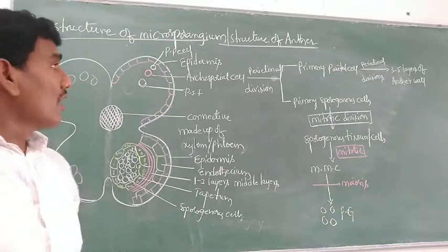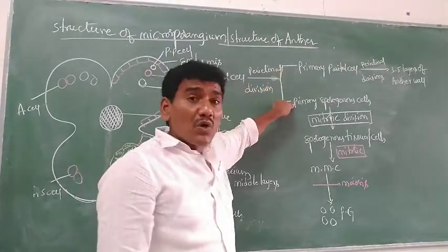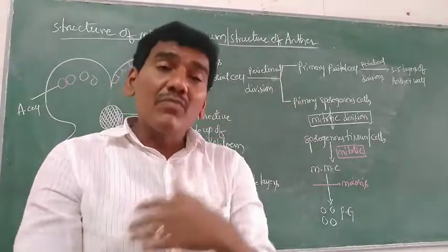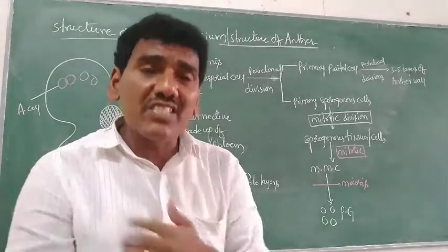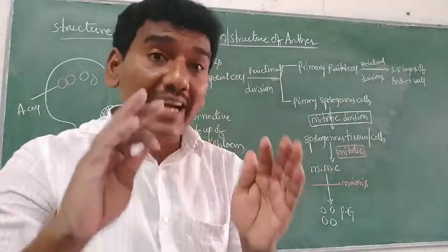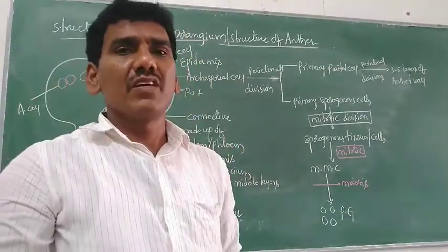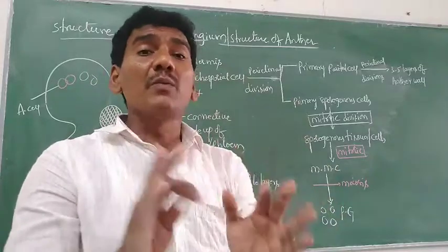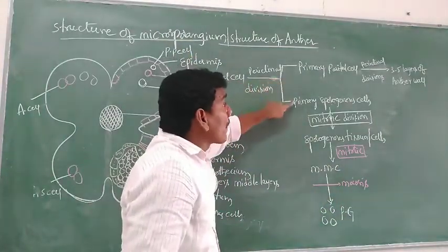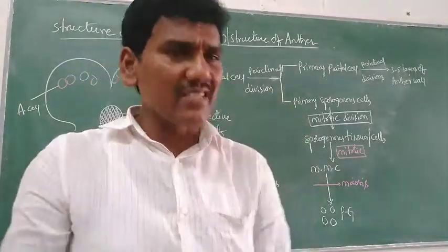Next, the primary parietal cells and primary sporogenous cells later undergo further divisions and develop into the entire structure of the anther except the epidermis. This is also one more important point. Here, the primary parietal cell and primary sporogenous cells are developed from the archesporial cells.